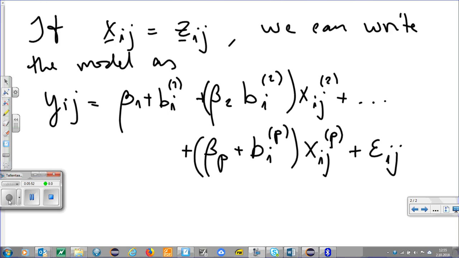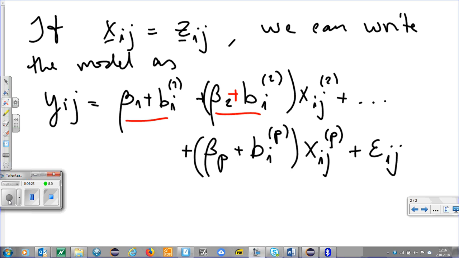If we assume that Xij and Zij are the same, then we can write the model in such a way that the first random effect is associated with the intercept, and then the second random effect is associated with the second predictor of the fixed part, and so on. And the pth random effect is associated with the pth element of the beta vector.